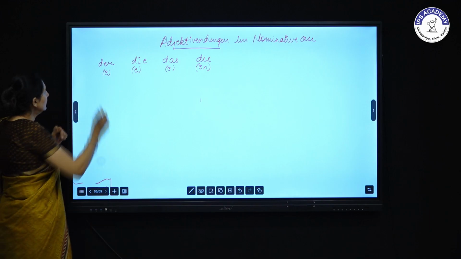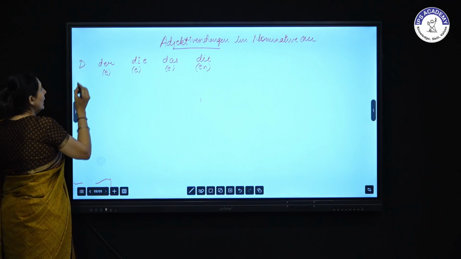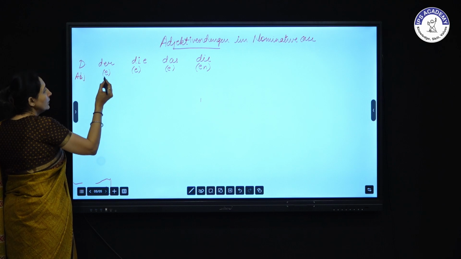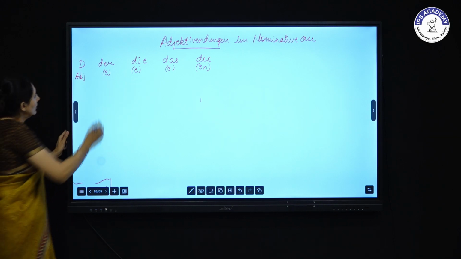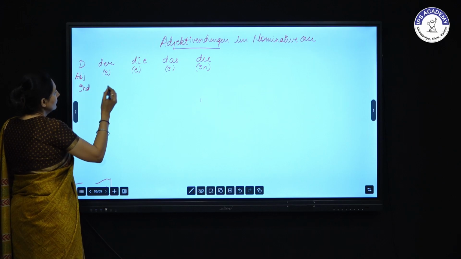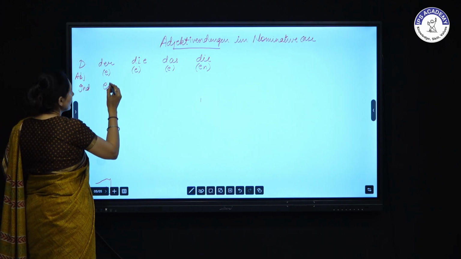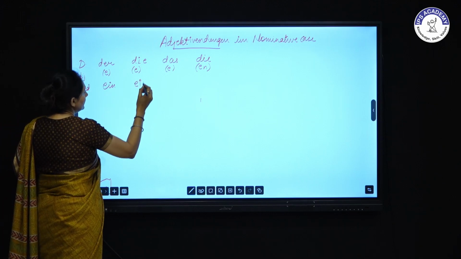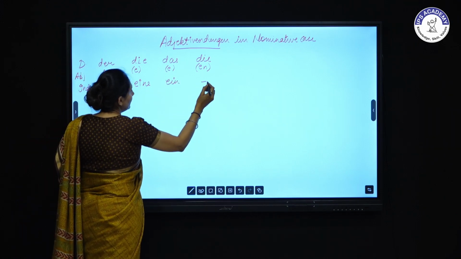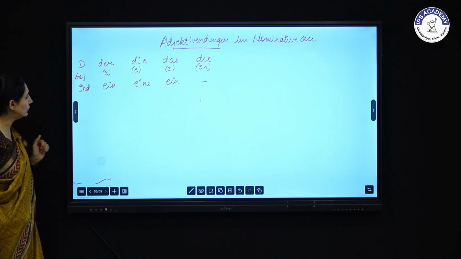So these are the definite articles and they have their adjective Endungen with this. We have the indefinite article, that is ein, eine, ein, and we have nothing with the plural.